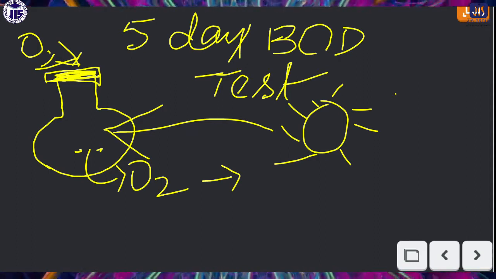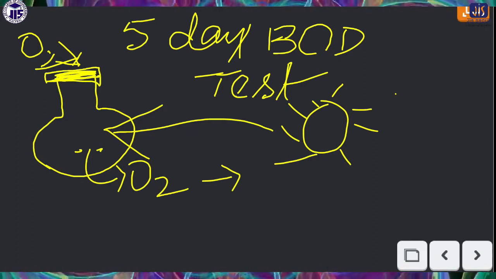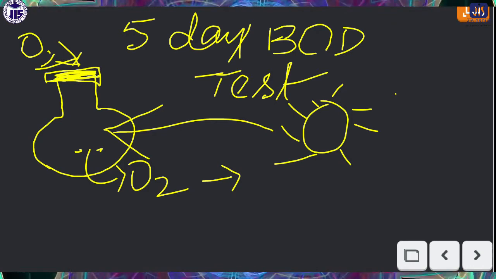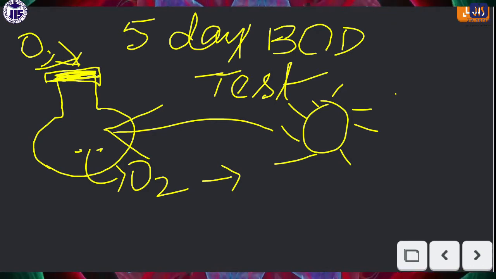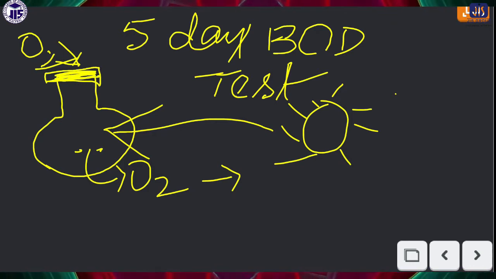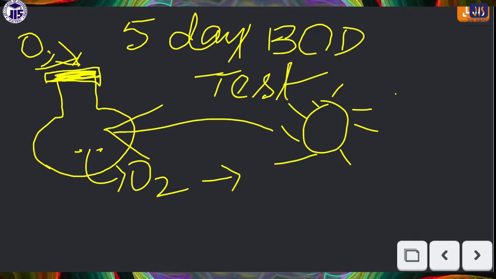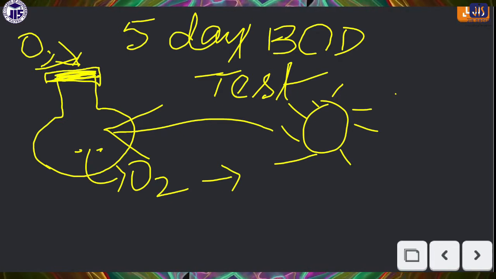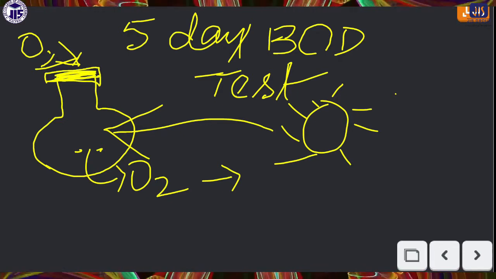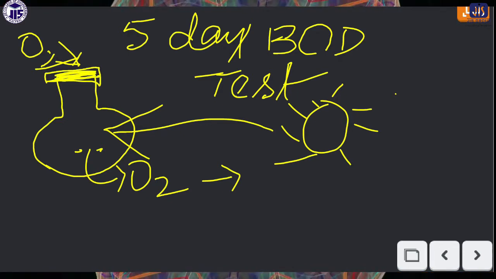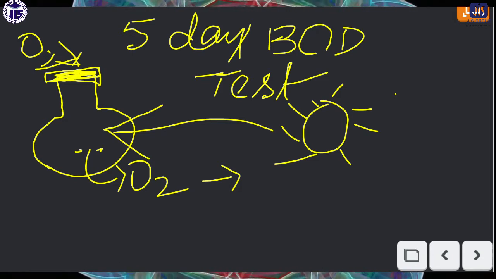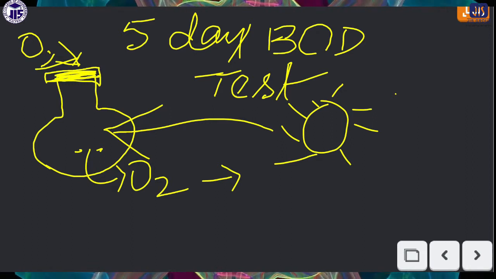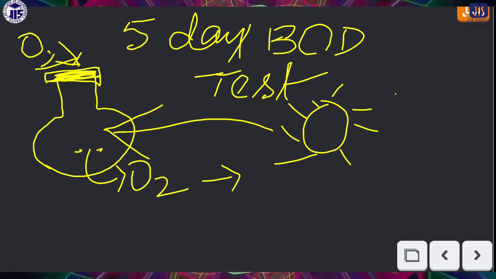That means the value we are trying to calculate will not be exact, and we will not get the exact result from the 5-day BOD test. So the second condition is that we should keep the container far away from sunlight. There should not be any exposure to sunlight.